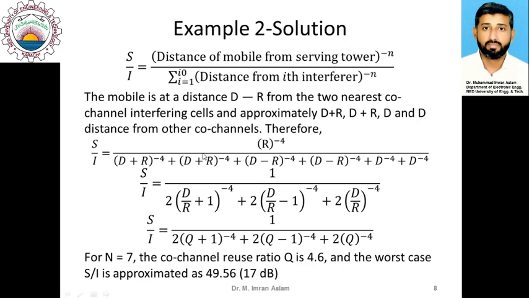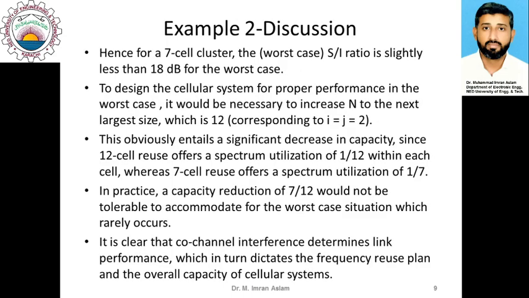So in practical cases, if you want to increase the capacity, sometimes you settle on 17 dB signal to interference ratio, but in that case any mobile at the vertex would suffer from higher interference, but overall the system would have significantly improved capacity because of the 7 cell reuse.